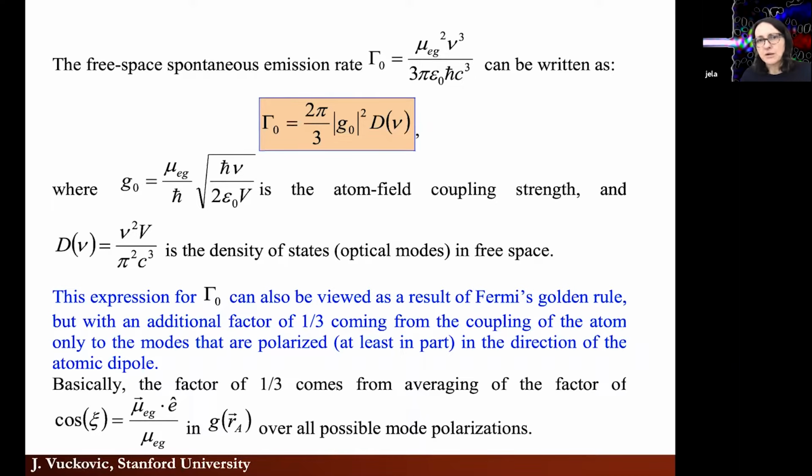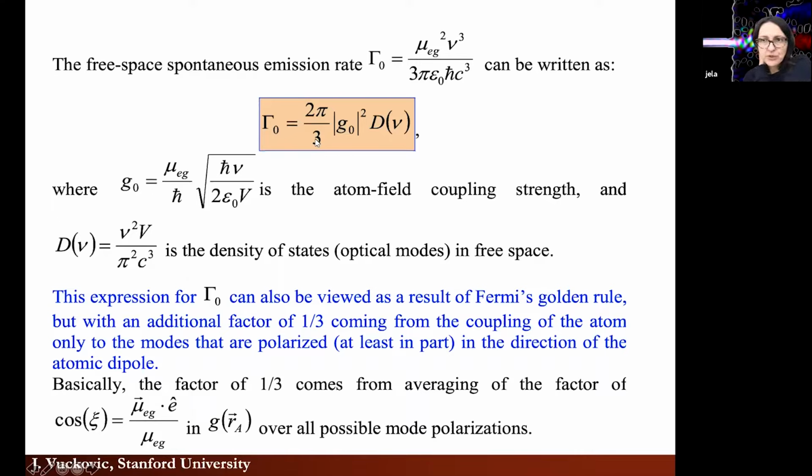But here we're talking about the plane wave, so that's not an issue. But this cosine psi term, which comes from the dipole alignment relative to the polarization of the field, would look as shown at the bottom here. And if you put that back in and then average over all possible modes and all possible mode polarizations, you will have a factor of 1/3 come up front.